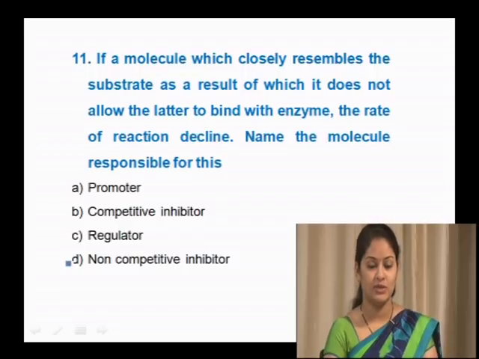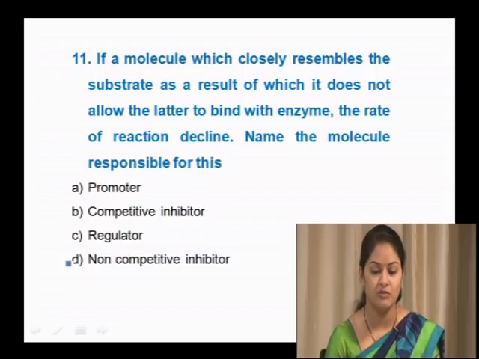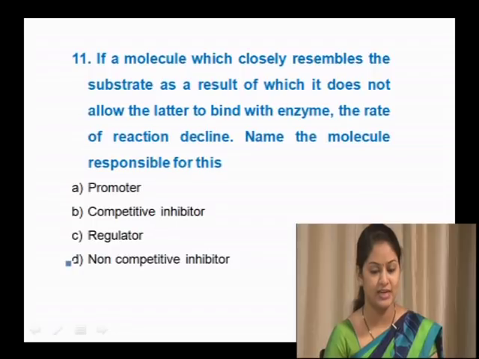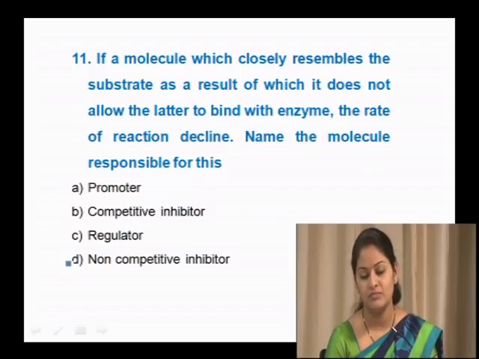Coming to the 11th question, if a molecule which closely resembles the substrate does not allow the latter to bind with the enzyme, the rate of reaction declines. Name the molecule responsible for this.